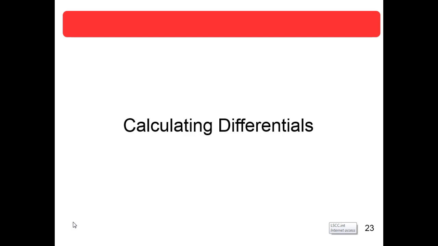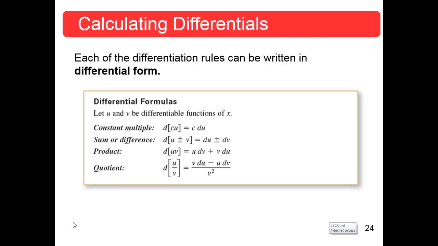So let's move on to calculating differentials, as if we haven't been doing that already. Each of the differentiation rules can be written in differential form. In fact, anything you can write as a derivative, you can write as a differential. Let u and v be differentiable functions of x.